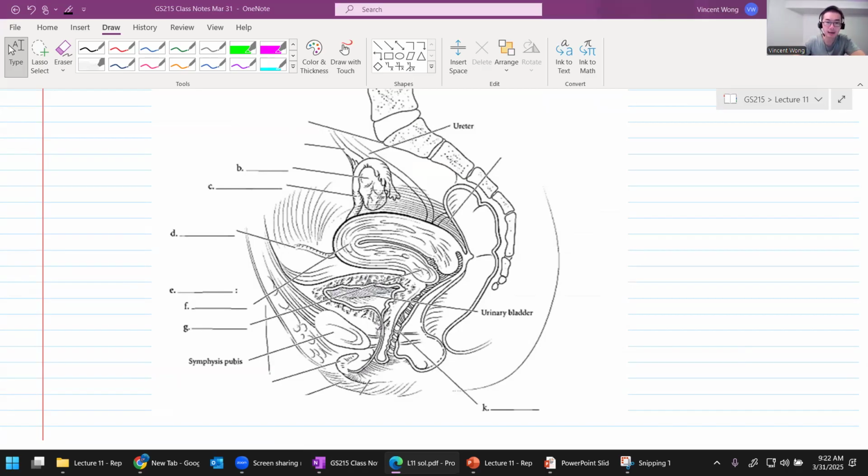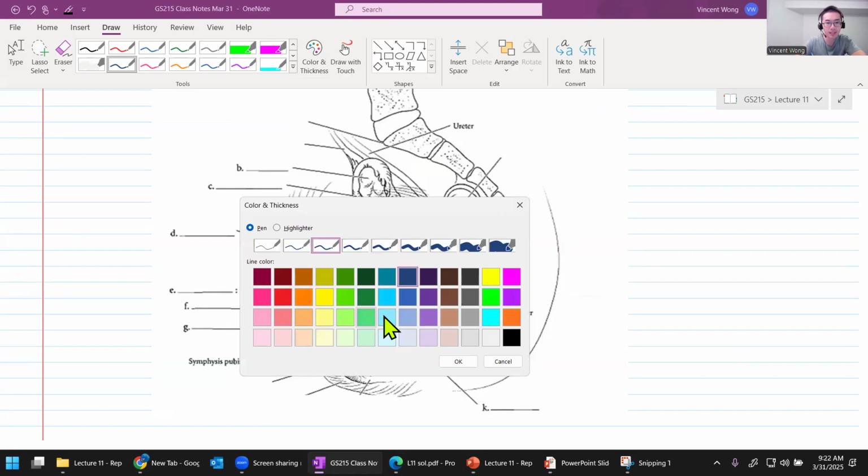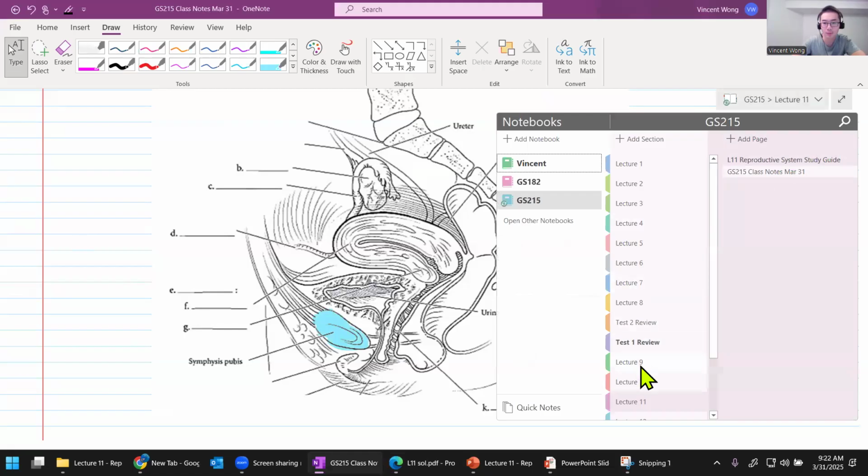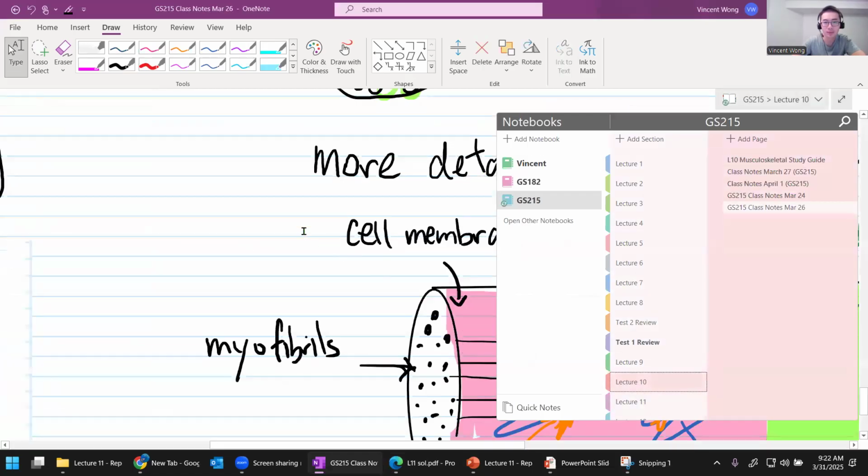This is the mid sagittal section of the female reproductive system. This is the back right here, and this is the front. Okay, and you might remember this here. You might not. Right here, this is the symphysis pubis, and let me just go back to show you over here. Is it this one?